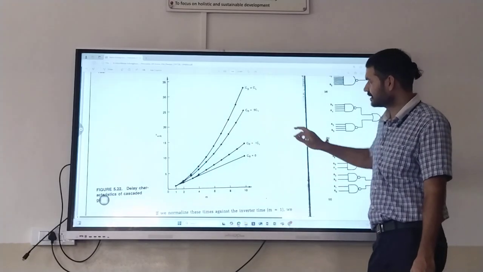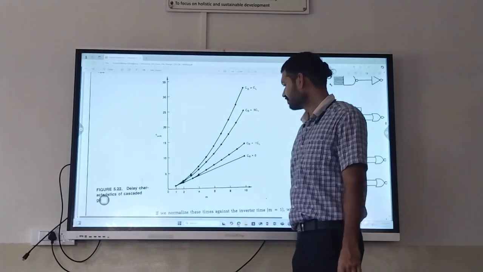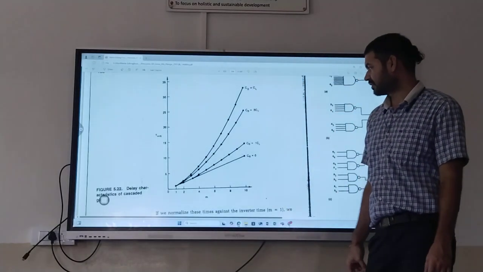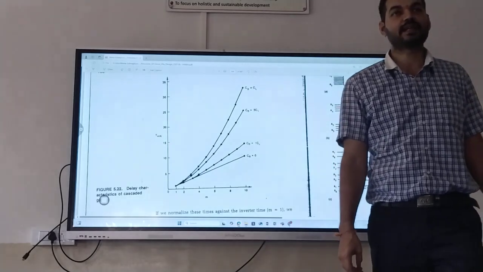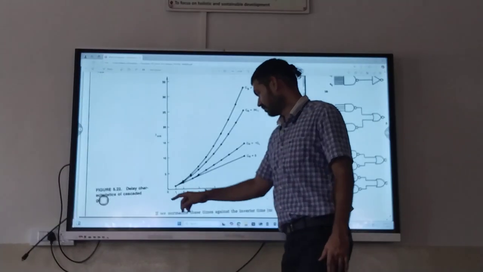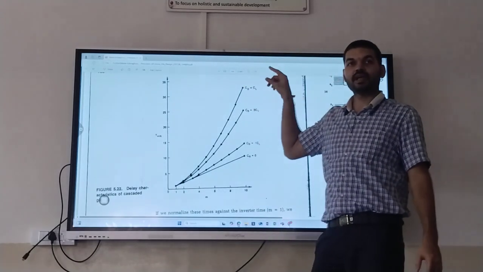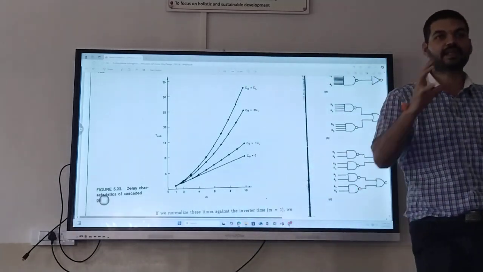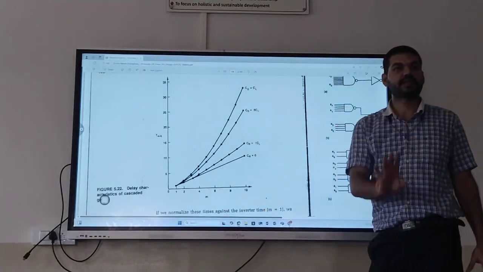So what is this graph? This graph is nothing but delay characteristics of cascaded gates. Delay characteristics of cascaded gates means how delay is increasing when I go on cascading the different gates. So m is the number of gates.